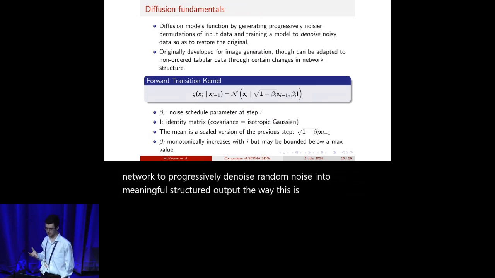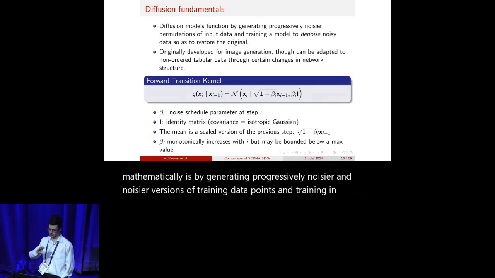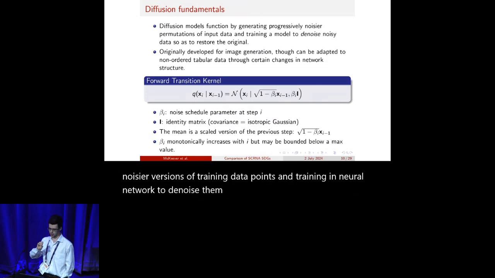The way this is done mathematically is by generating progressively noisier and noisier versions of training data points and training a neural network to denoise them, to predict the noise that was applied in a given step.